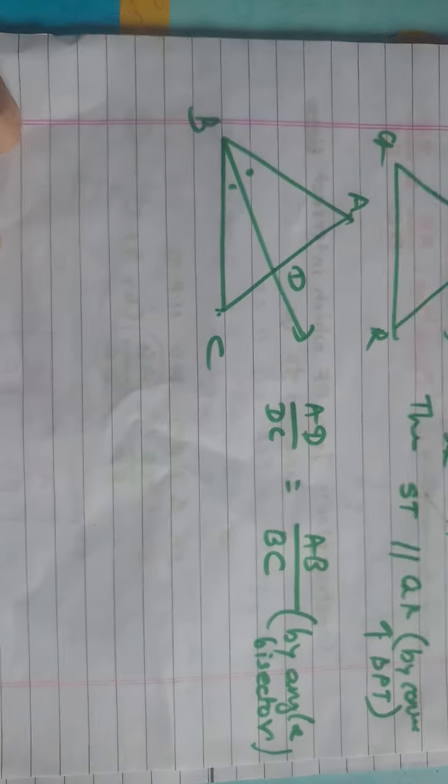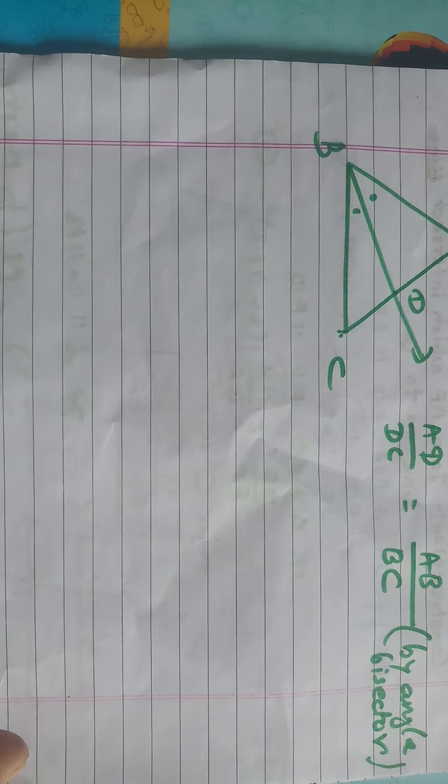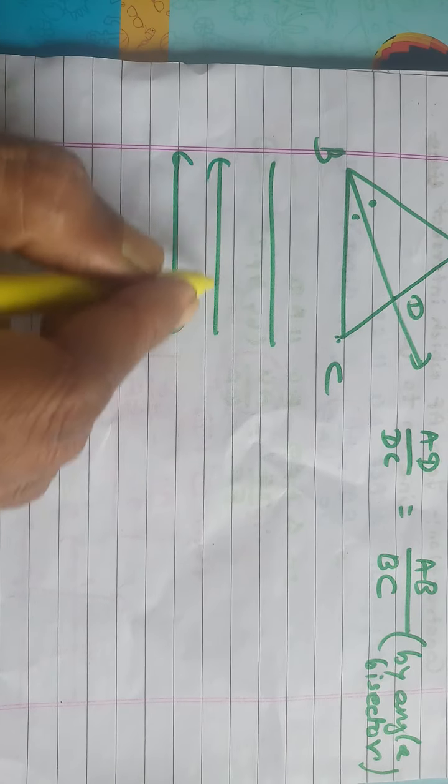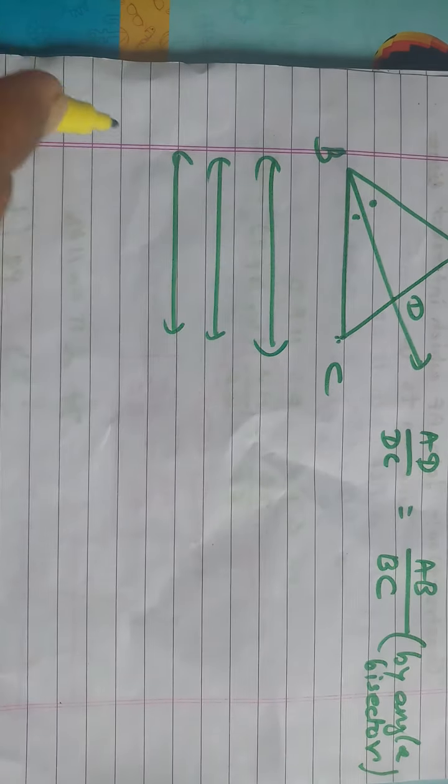And the fourth one is the property of three parallel lines and their transversals.